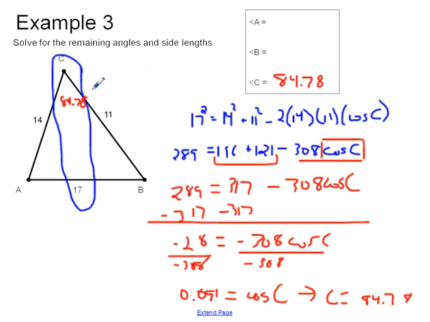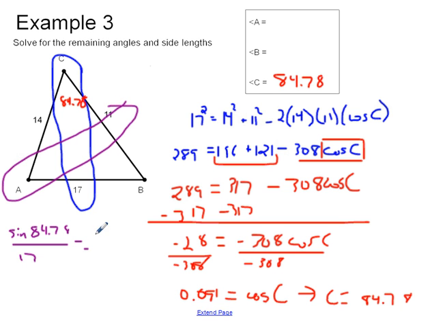So now that we have that, now we're using the law of sines for the rest of this. So I'm going to have the sine of 84.78 over 17 equal, we still want to find the smallest first. So then that gives me the sine of A over 11.